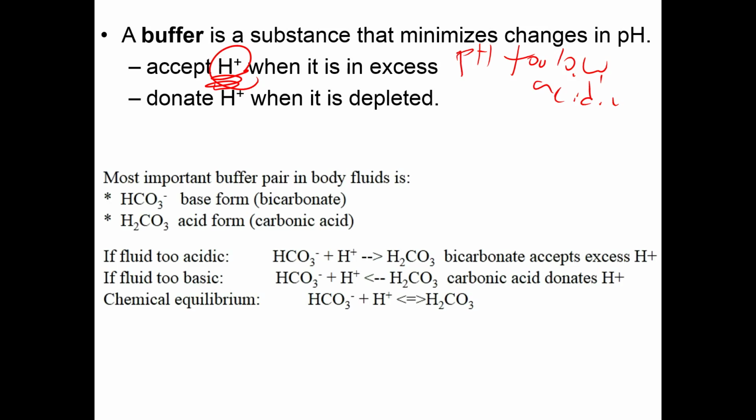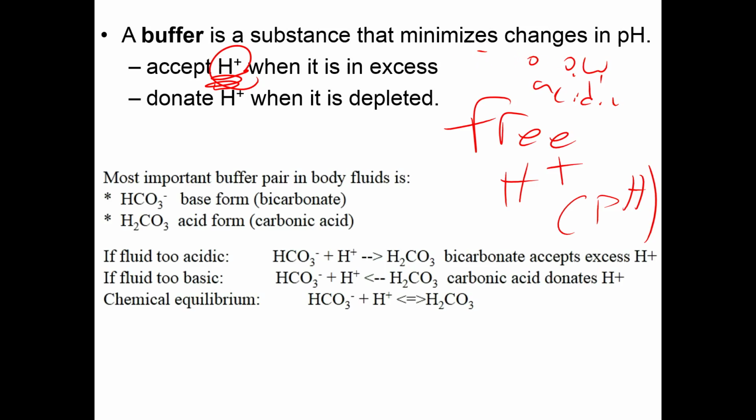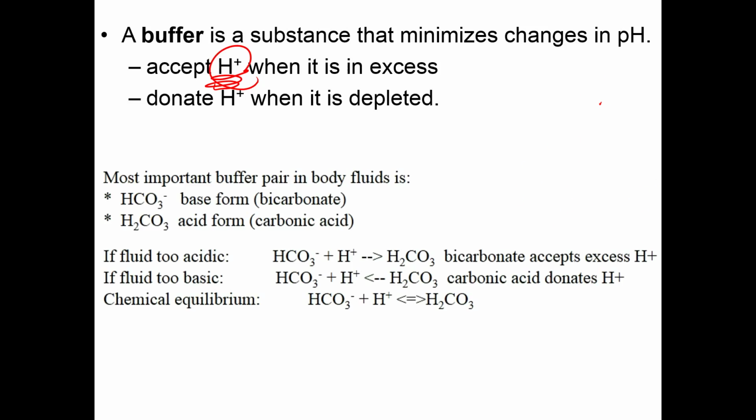It is the free protons that are actually affecting the pH of the solution, so the excess hydrogen ions that are causing the pH to drop, your buffer is basically picking them up, accepting them, and removing them from the solution.